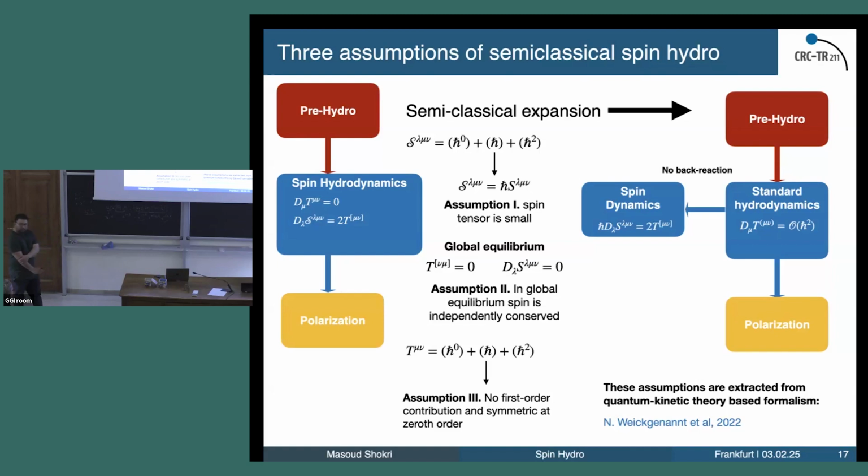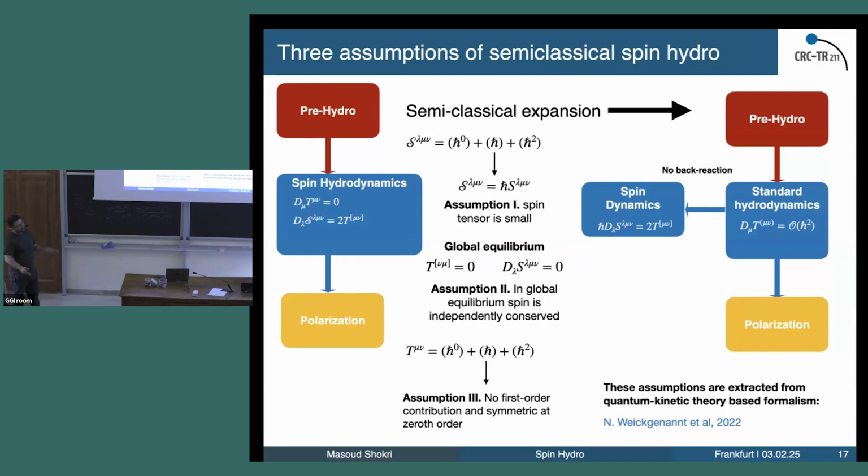But the problem would be that in that case, when you do this pseudo gauge transformation, there will be some physics going from S and the antisymmetric part of T into the symmetric part of T. But that physics is second order in h bar, and it's not easy to capture.